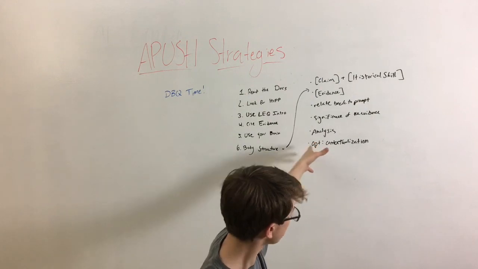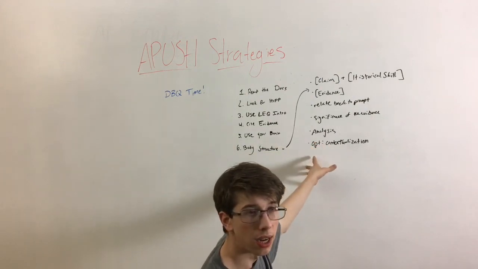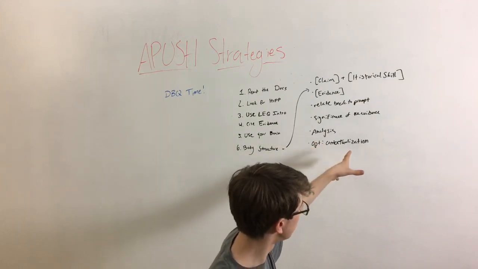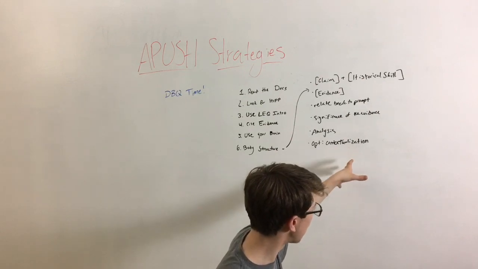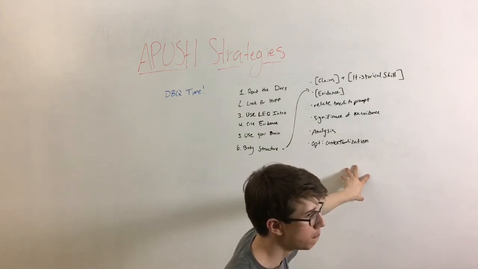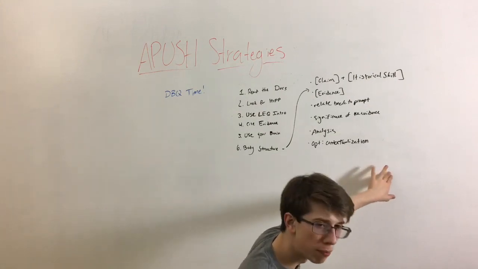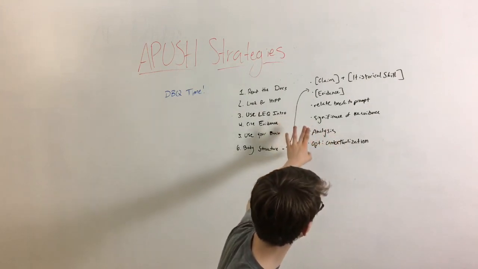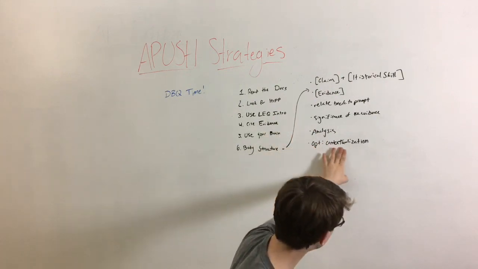As a result, the effects of the Great Depression were drastically diminished because of such programs. That is our significance of the evidence and our analysis, with an optional contextualization.